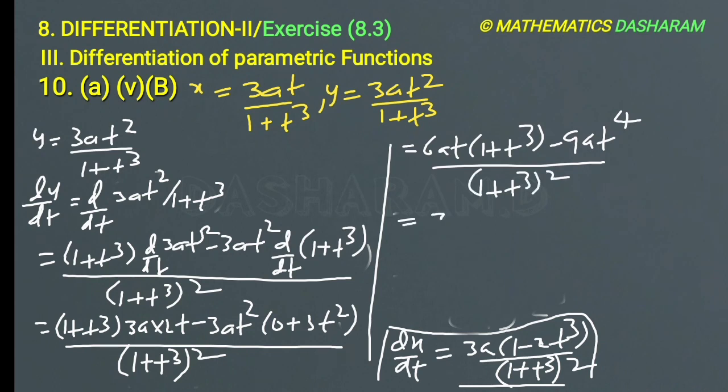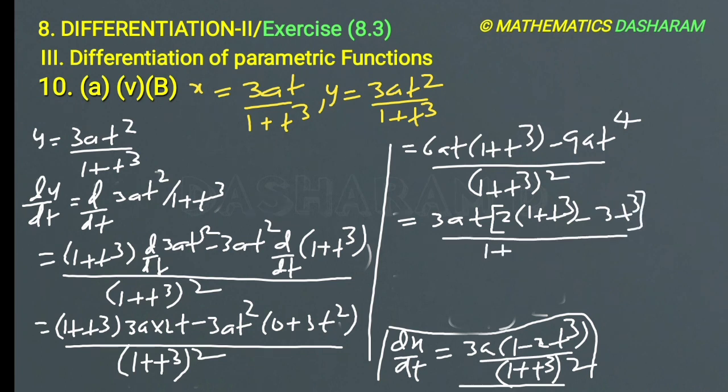Now take the 3at common, so then 2(1 + t³) minus, here 3t³, whole divided by (1 + t³)².